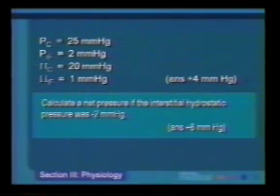Now, this is a legitimate question for step 1, because you should realize, as stated in the notes, that in the thoracic cavity, we normally have a subatmospheric pressure. And that subatmospheric pressure is also surrounding the capillaries. So in the thoracic cavity, that subatmospheric pressure is a force promoting filtration.